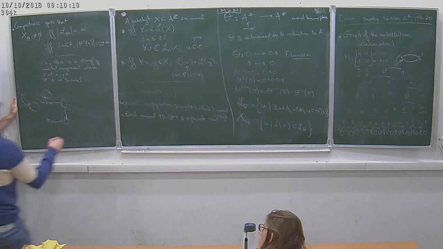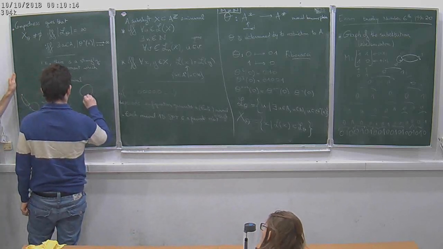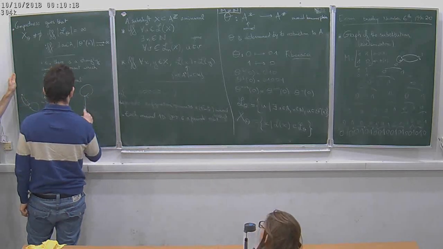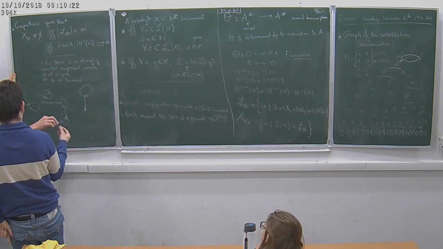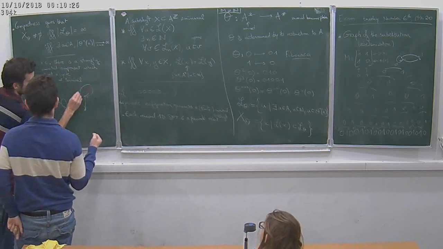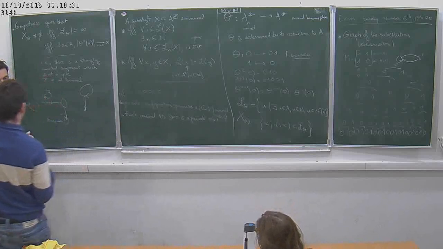What about a graph like this? So this is a terminal connected component because there is no outgoing arrow to another.